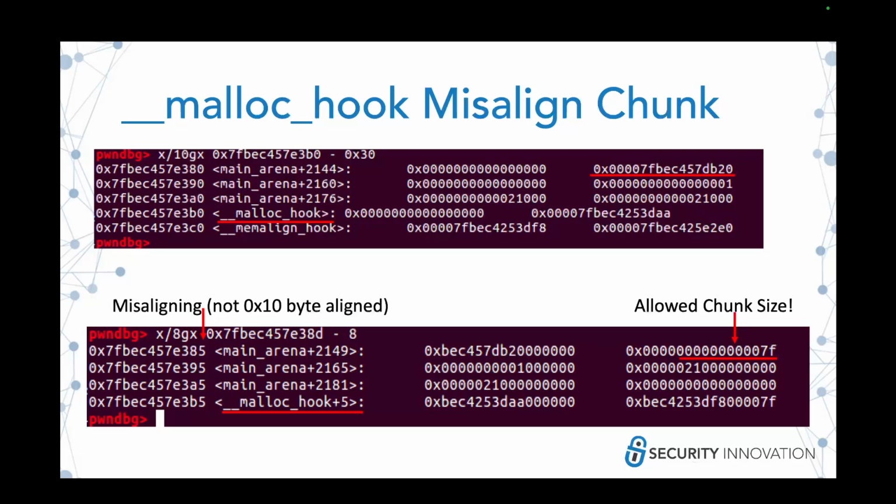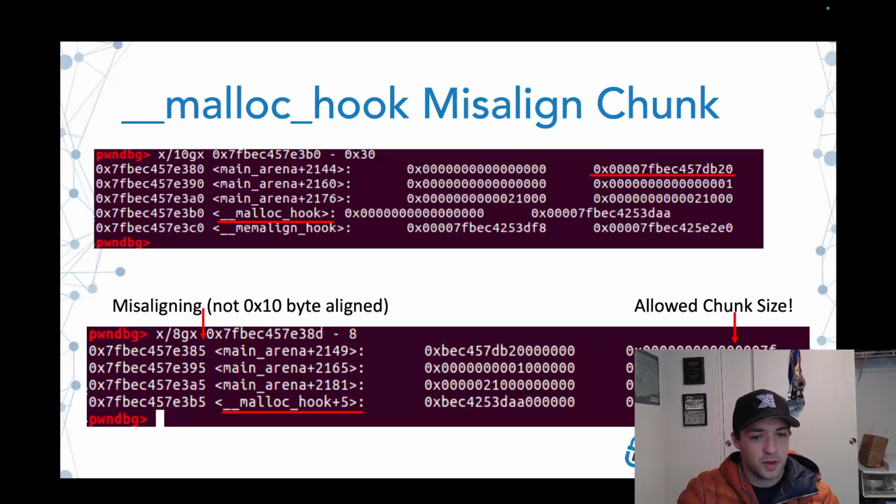The other thing I think is kind of fun to talk about that may not be as useful now, but was useful for a long time, is that prior to 2.31, there were no alignment checks on chunks that were being removed. And this is really interesting. What people found out was that right before the malloc hook, there were actually valid chunk sizes you could use.